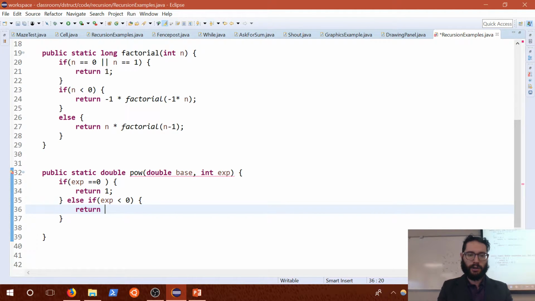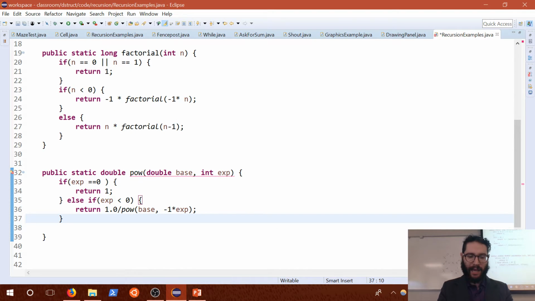We're just going to return 1.0 over pow of base raised to the exponent power, but instead we'll make this exponent positive by multiplying it by negative 1. Since we're in this statement, we know that exponent is negative, and if we multiply that negative exponent by negative 1, we'll get a positive exponent.